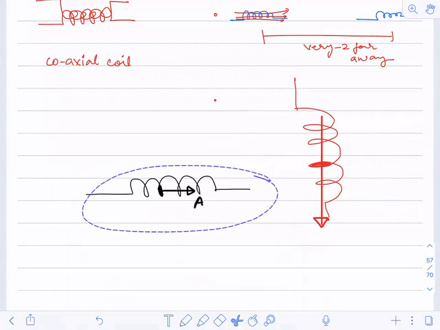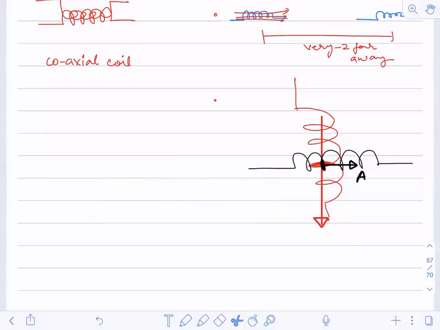If area vector is in this direction, then the flux through this coil, for the black one, I write B dot A. B is downward, area vector is perpendicular, so theta is 90 degrees. Cos 90 degrees means flux will be 0. This means K will be 0.